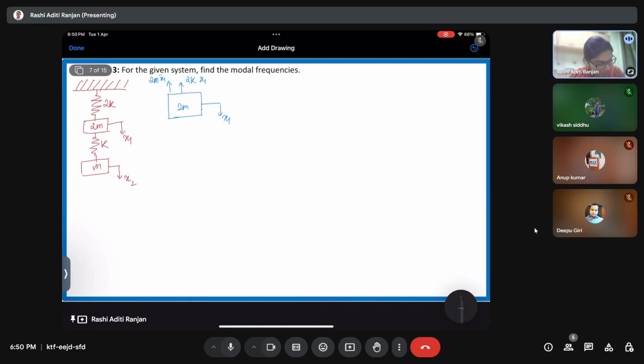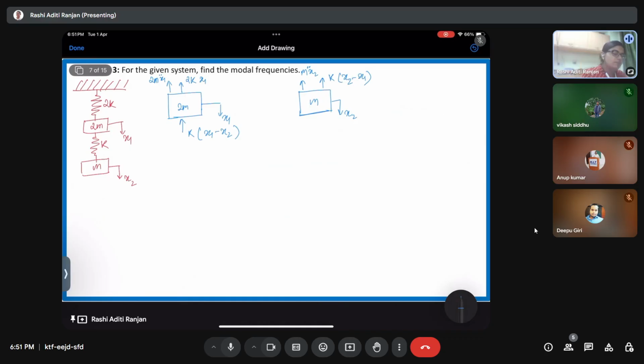And here I have k times x1 minus x2. Correct? If I talk about the mass m, from the force balance method, what have we done?